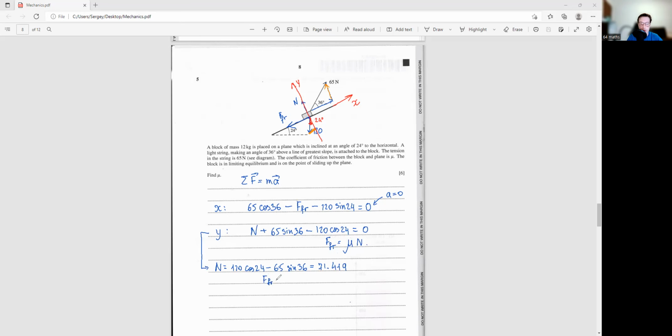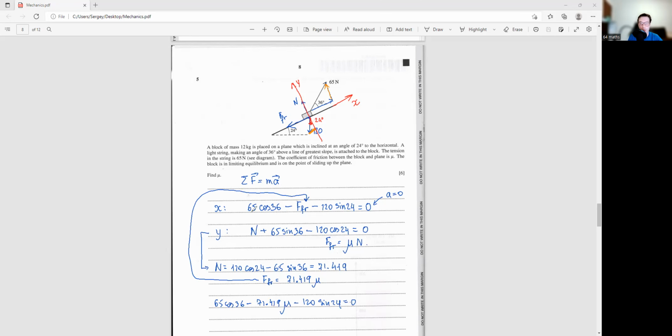Now I can substitute this into the force of friction. So the force of friction equals 71.419 times mu. And this goes into the first equation. 65 cosine 36 minus 71.419 mu minus 120 sine 24 equals 0.